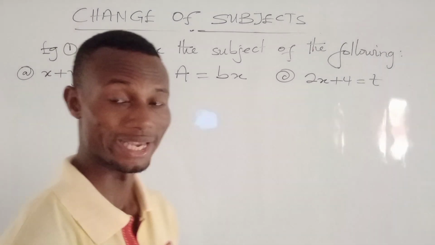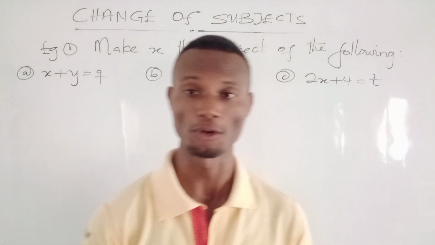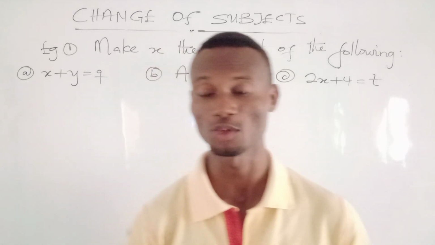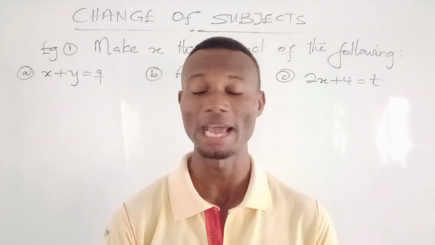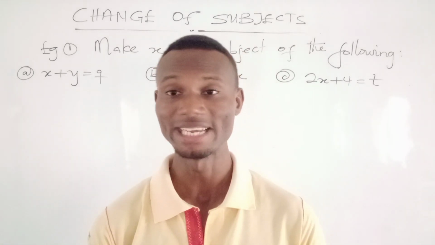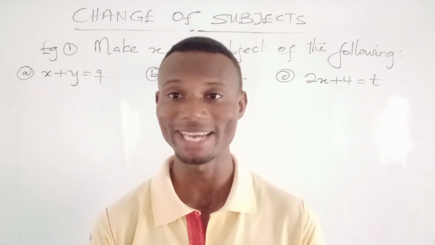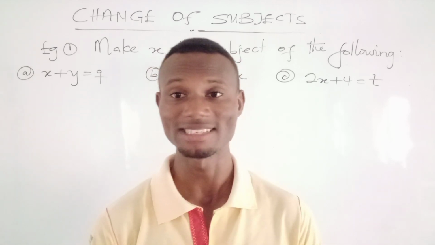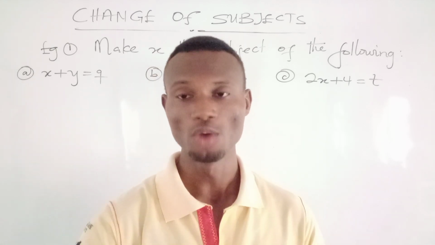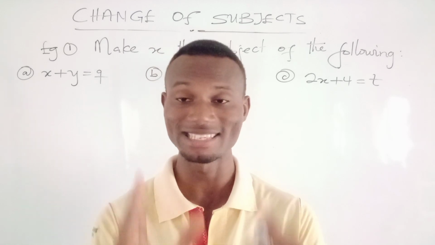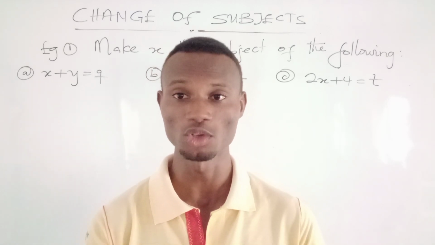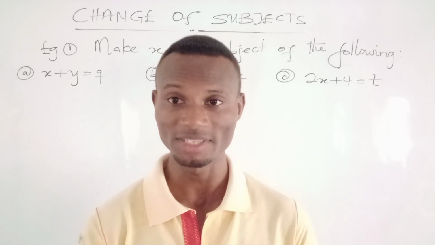So we are going to make S the subject from each of the equations given. When we talk about making a particular variable the subject, it means make that variable stand alone, so everything attached to it, we move away.